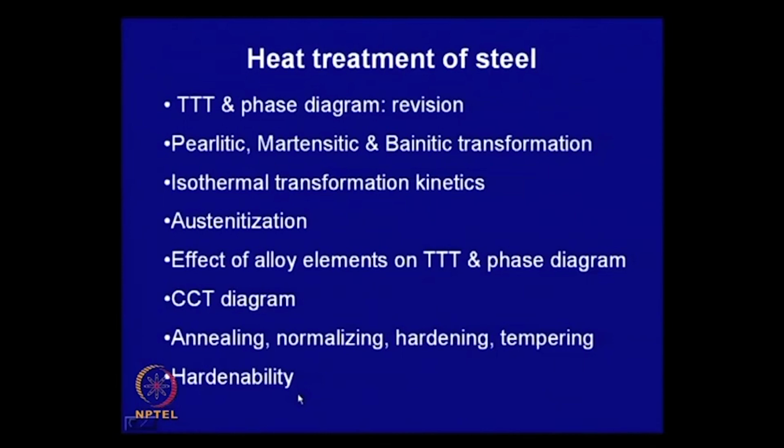Now, coming back, it may be worthwhile to look at one basic difference between precipitation hardening and the hardening treatment that we are going to talk about in steel. In precipitation hardening, when you heat a metal to a high temperature and then quench it rapidly, you are trying to keep an excess amount of solute in the lattice.